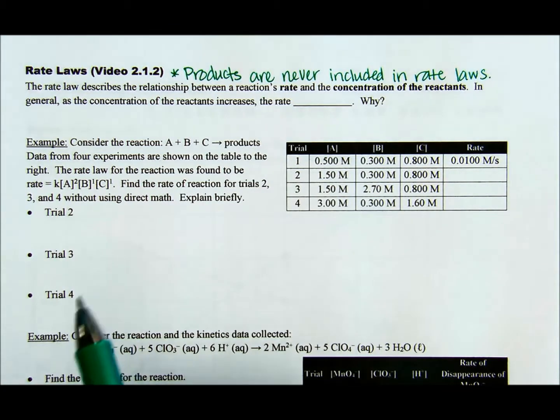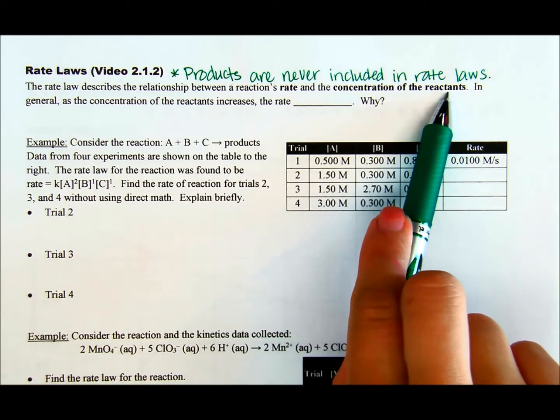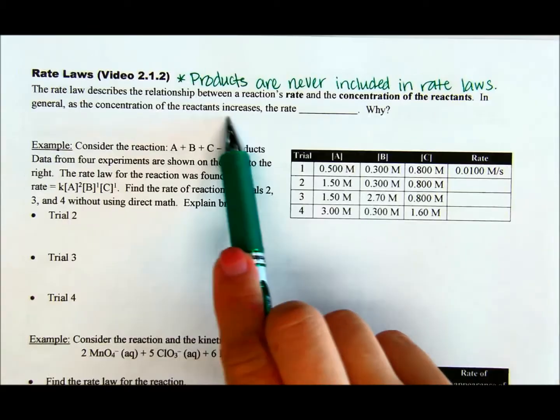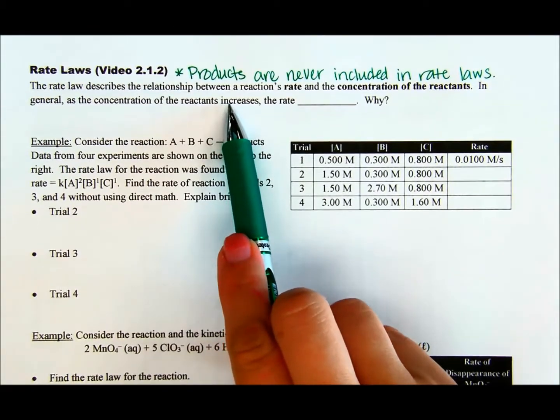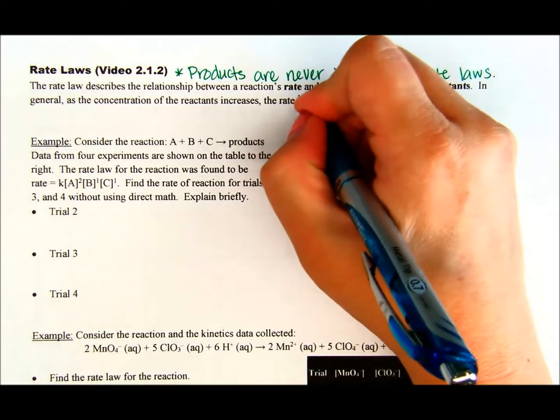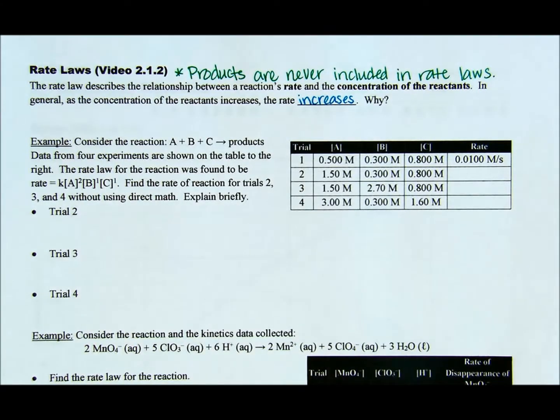Okay, so let's look at this first sentence. The rate law describes the relationship between a reaction's rate and the concentration of the reactants, as we saw previously. In general, as the concentration of the reactants increases, so if we get more reactants, the rate also increases. And the question then is why?